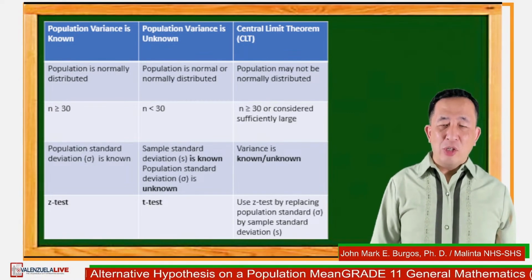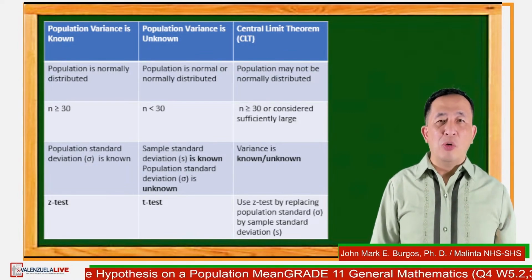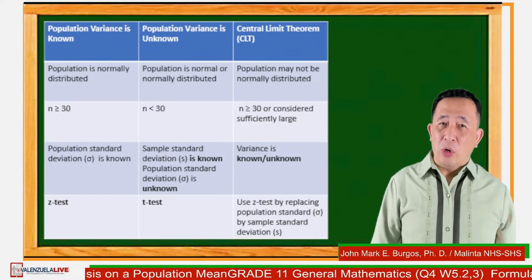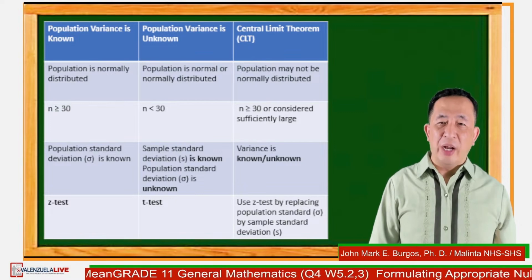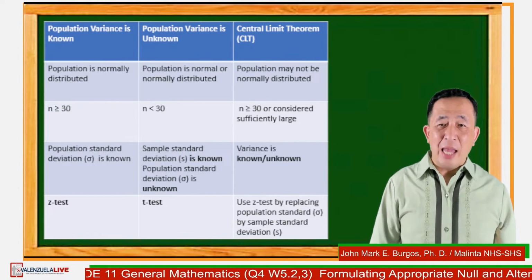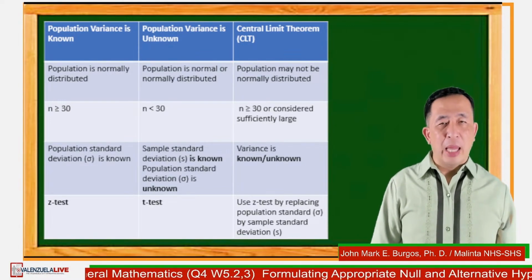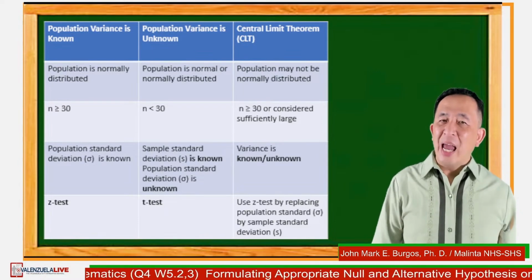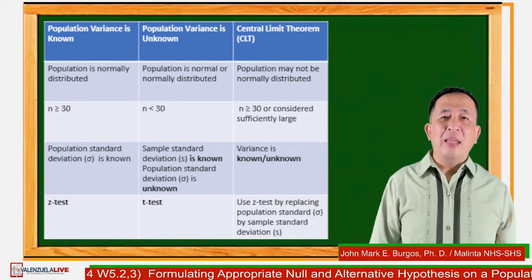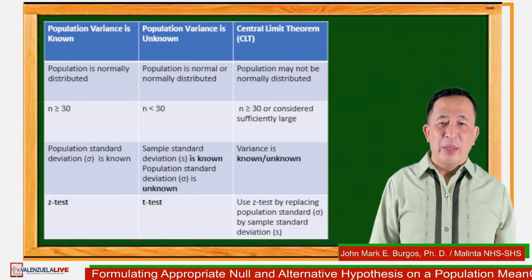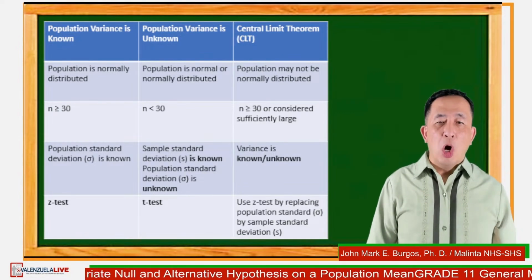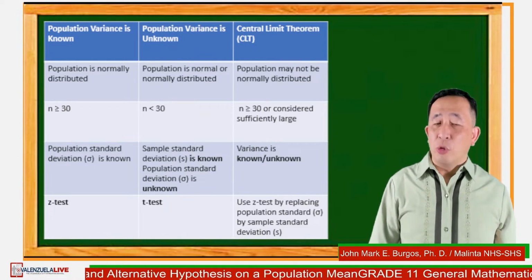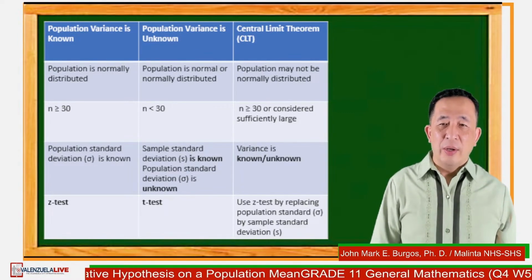If the population variance is known, the sample size n will be greater than or equal to 30. But if it is unknown, the number of samples will be less than 30. And in the central limit theorem, it is greater than or equal to 30 or considered sufficiently large.